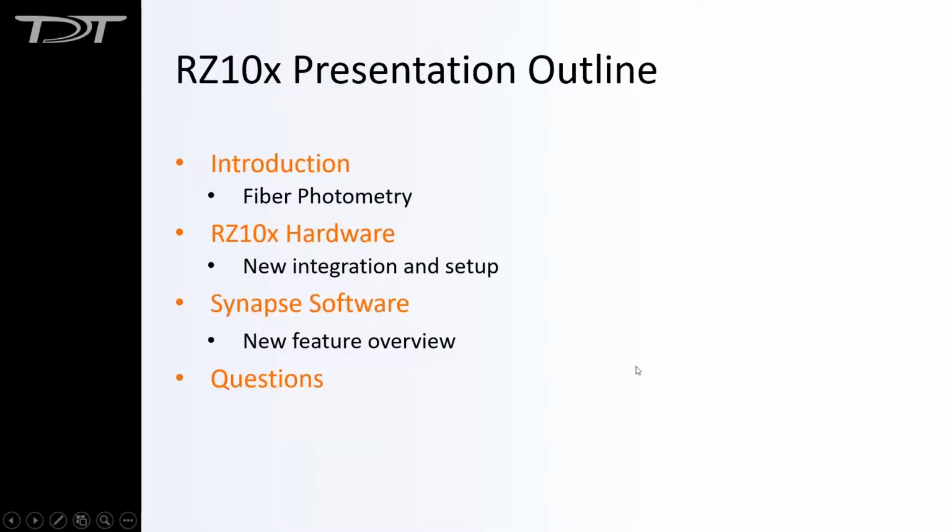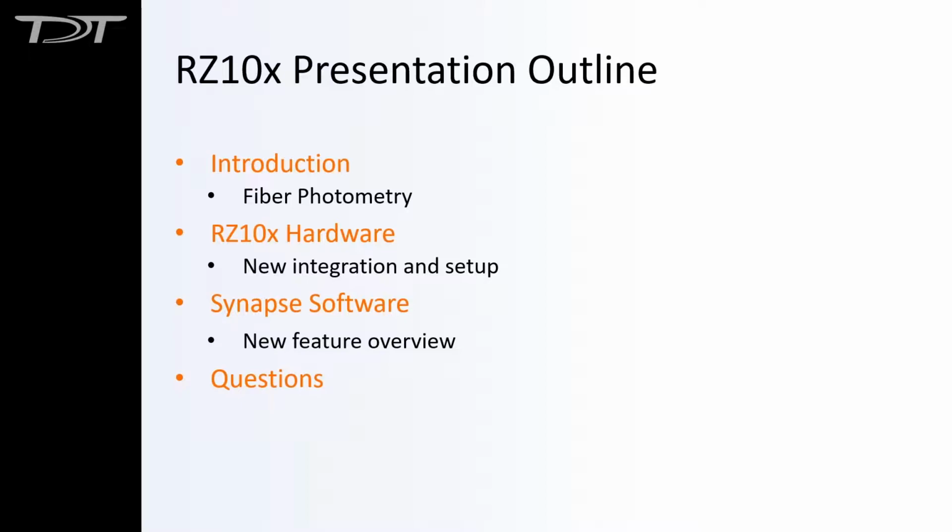So very quickly, I'm just going to give you an outline of the presentation. I will be running through an introduction of fiber photometry, and then the presentation is broken into two parts. We'll go over the hardware for the RZ10X. We'll discuss some of the new integration pieces of the hardware, as well as how to set up the new system.